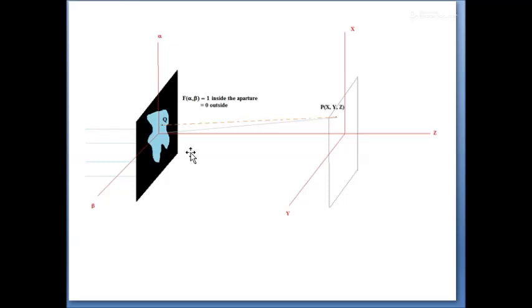This is the origin O, and any general point Q has coordinates alpha beta, and obviously this direction is the Z direction, which is a common direction. On this aperture plane, Z will be 0, right? So the position of point Q will be alpha beta.